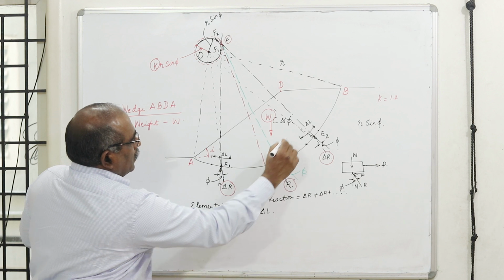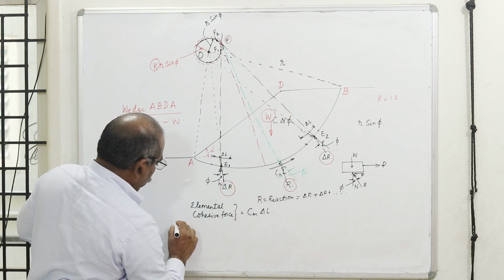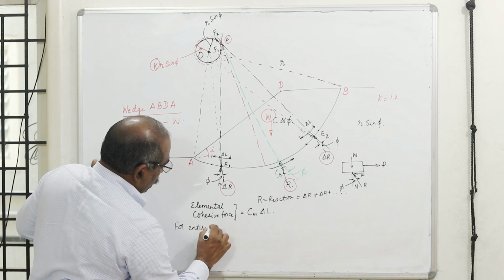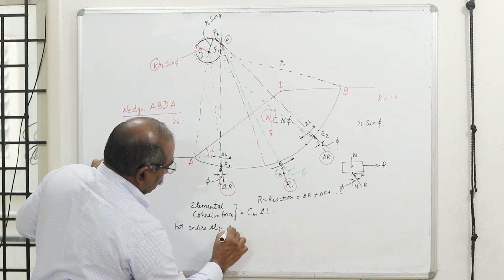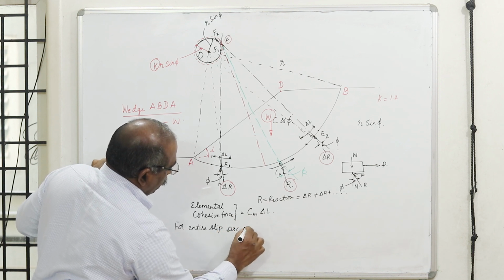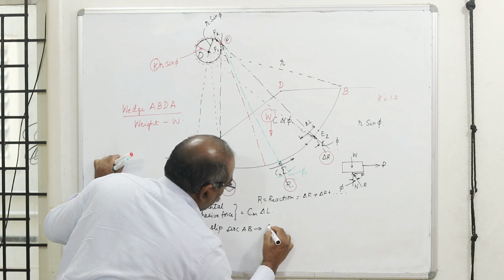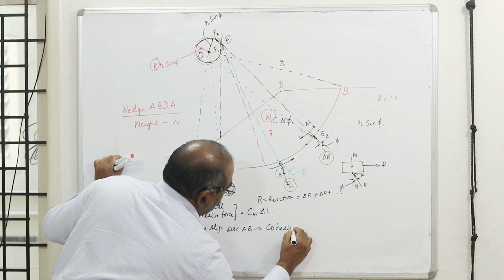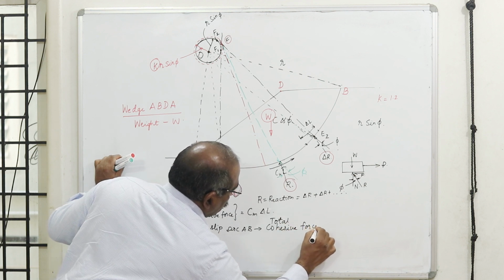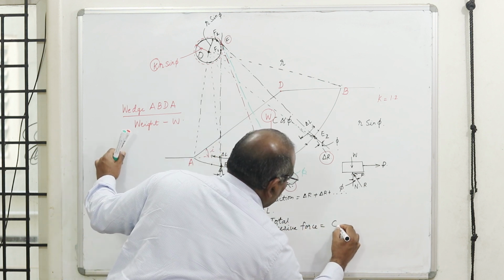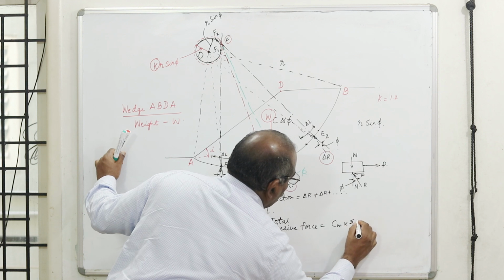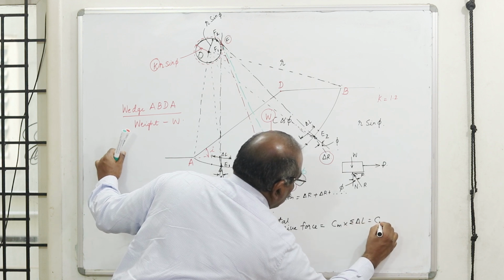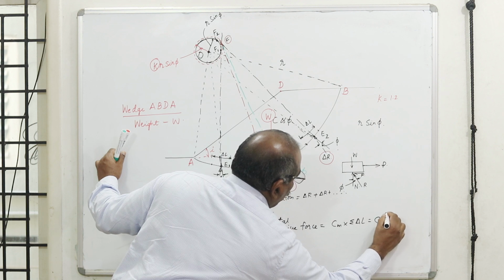Therefore, for the entire slip arc AB, the total cohesive force is equal to Cm into sigma of delta L, which will become Cm into L arc.